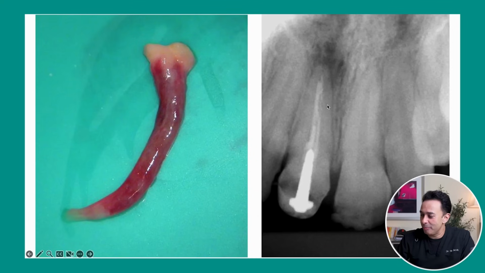And it was kind of compressed here. I don't know exactly how this size managed to be there, but this is the only theory I can think of. It is a true story, all right? So that's the only explanation I can think of. This tells me that, yes, it is possible that you can have pulpal regeneration.